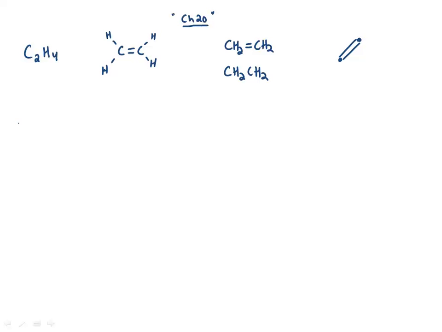Or if I have something like, say, C3H6, let's see if I got that right. I want to have 1 carbon-carbon double bond in there, so how many hydrogens do I need? 1, 2, 3, and then this one must need a hydrogen, so 1, 2, 3, 4, 5, 6.